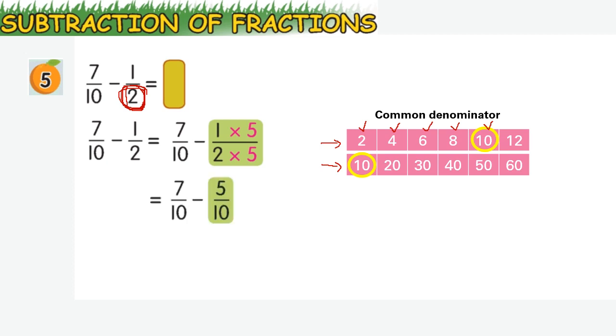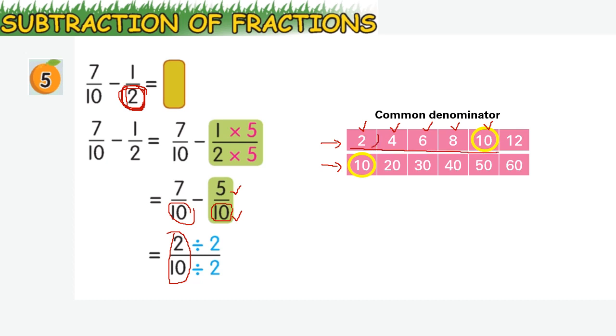After we times it by 5, we will get 5 over 10. Now the denominator is already the same. Just subtract the numerators. 7 minus 5 is 2. And 10 as the denominator will remain unchanged. But 2 and 10 are in table 2.